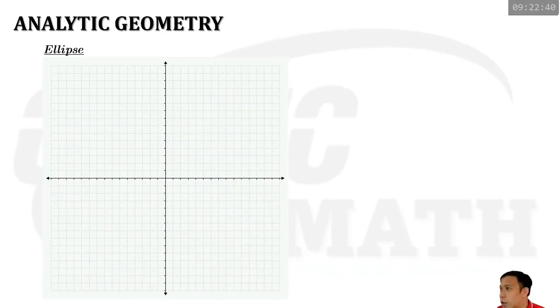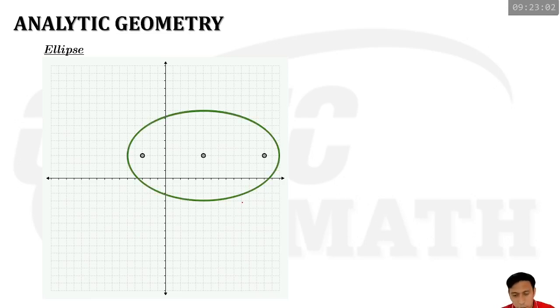Okay, sige, let's talk about ellipse. Ellipse tayo, no? If di makaya sa oras, advance na. So, an ellipse, by the way, is a locus of a point that moves such that the sum of the distances of the point to two fixed points is constant.